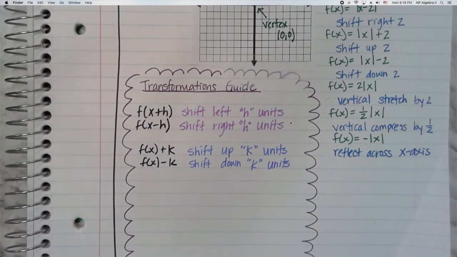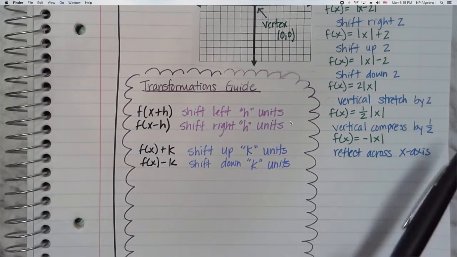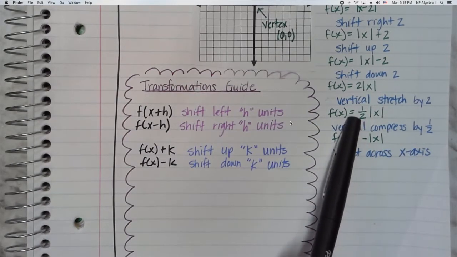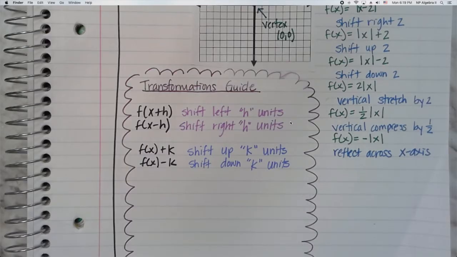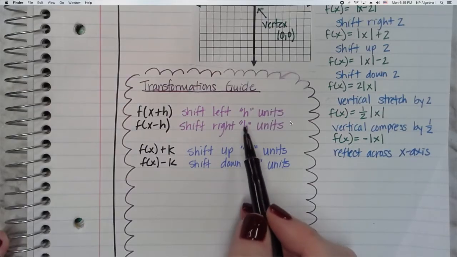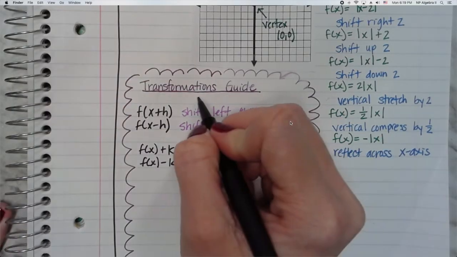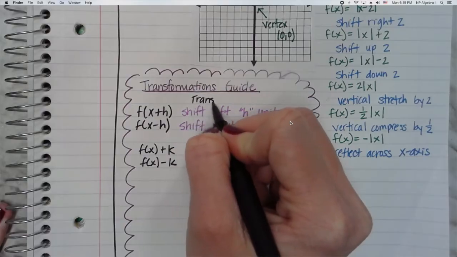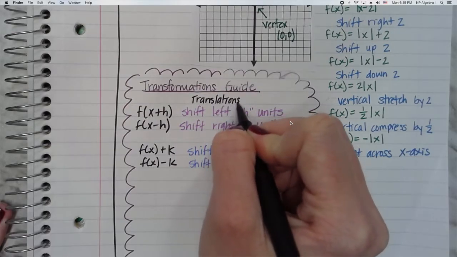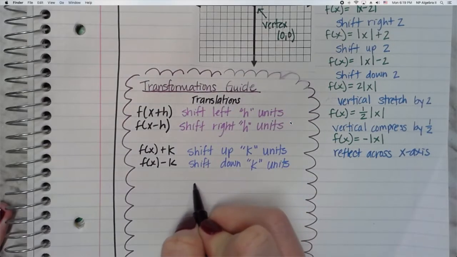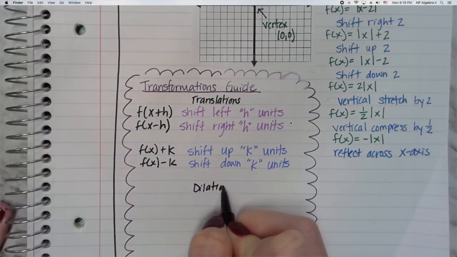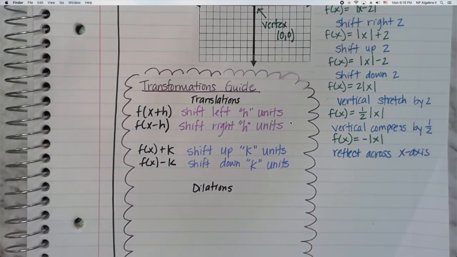Then we had some instances where there were numbers out in front of our absolute value. And so these are going to be dilations. Okay, so these were all translations. So we'll call these translations. And those were going to be dilations, meaning our slope is going to become more narrow or less narrow.